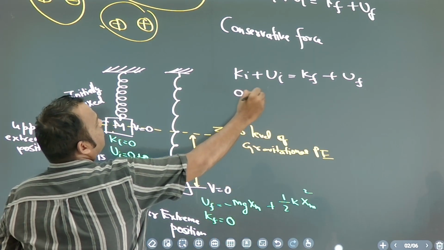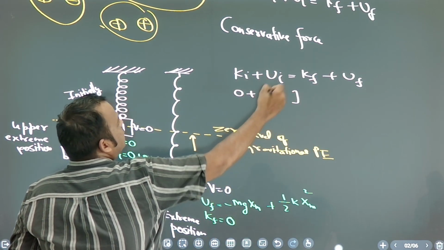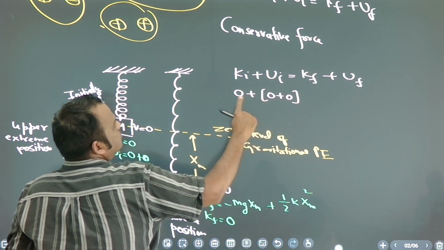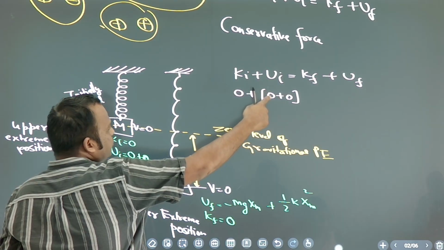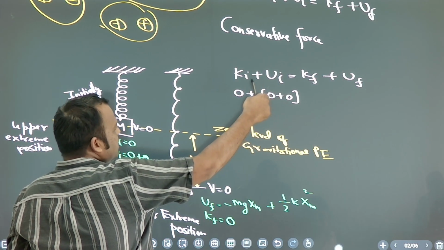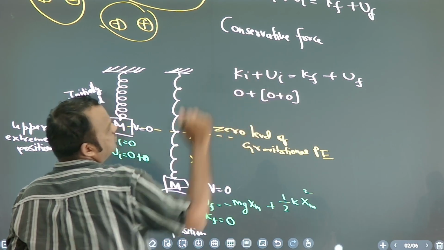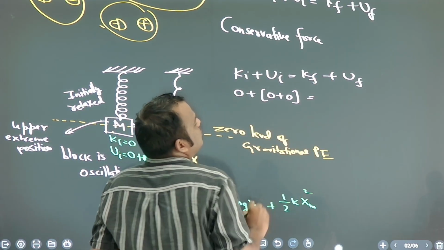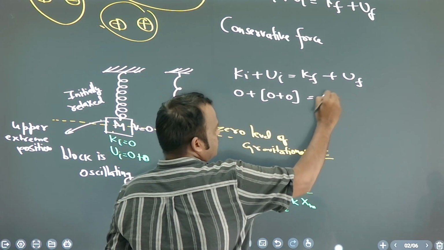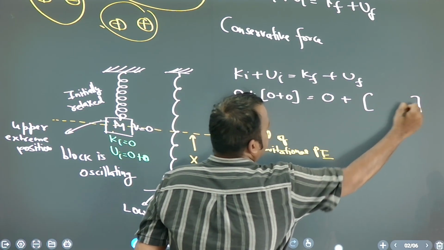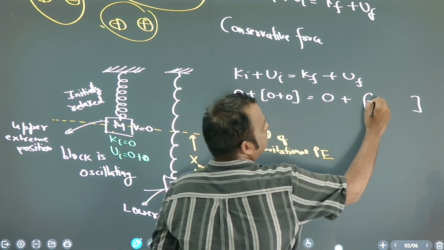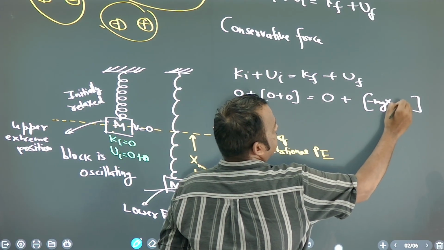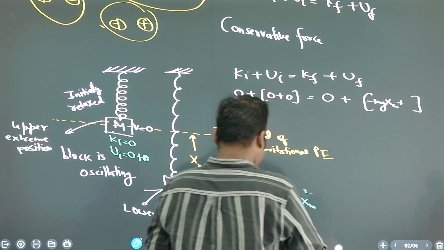Initially kinetic energy is 0, gravitational potential is 0, spring potential is 0. Final kinetic energy is 0, final gravitational potential energy is minus mg x max, plus half k x square.